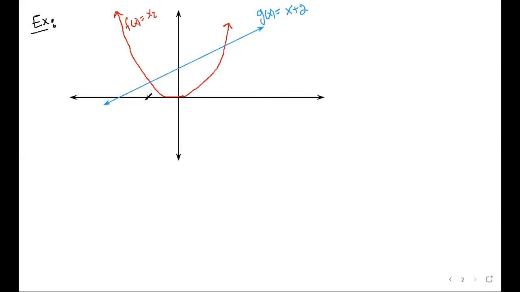This point here is minus 2. Sorry, this is here. It's minus 1. And here is 2.